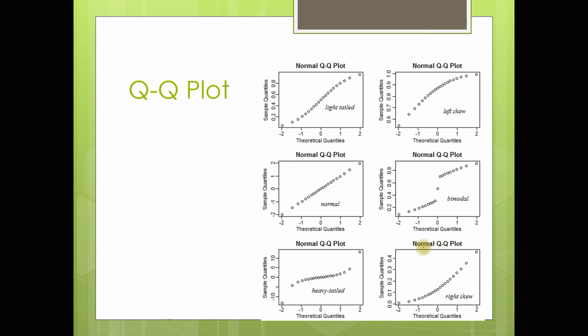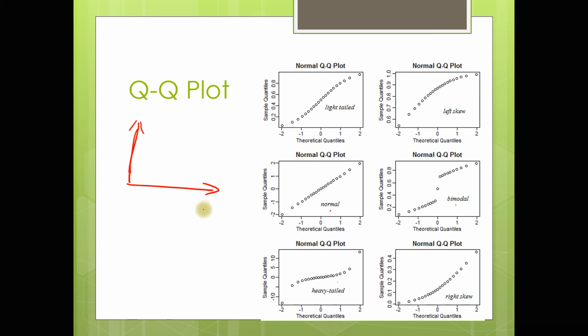So you get an idea about the type of distribution by comparing it with a normal distribution. If you want to know what type of data you are dealing with, you can compare it with a normal QQ plot just to have an idea whether it is light tail, left skewed, normal, bimodal, heavy tail, or right skewed. Or you may wish not to do a normal QQ plot, but to compare a data set with another theoretical distribution.